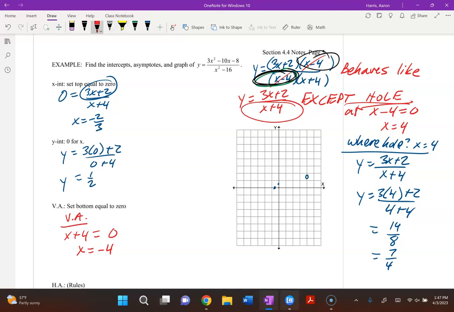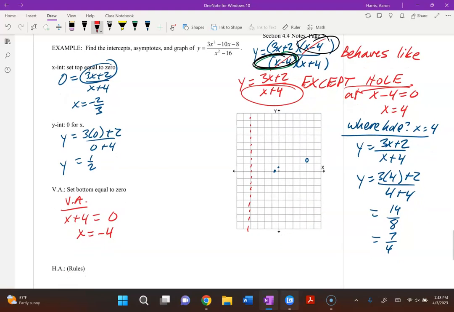So in this case, we only got one vertical asymptote, x equals -4. Horizontal asymptote: the degree of the top is the same as the bottom, so it's 3 over 1. Take the leading coefficients, so y equals 3.